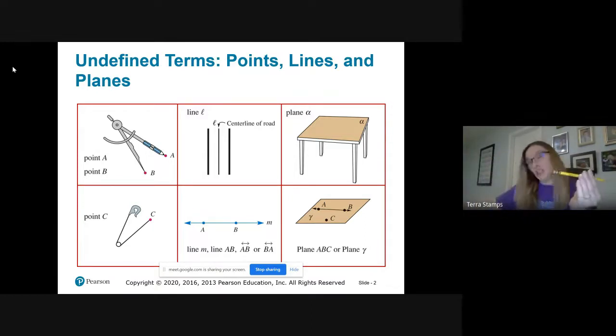Now, if you take a bunch of lines and you put those together, then what do you get? Well, then you get a plane. So you can think about a point as being the tip of a pencil, the pencil being a line, and a piece of paper as being a plane. These are what we call undefined terms because they're not really formally defined, but they're the basis on everything that we build geometry on.